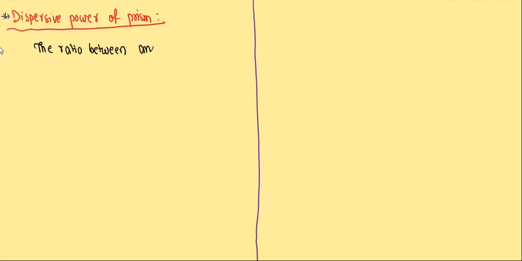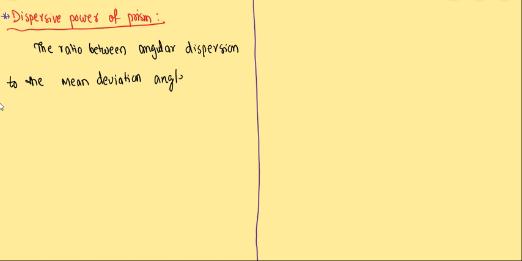It is the ratio between angular dispersion between any two colors to the mean deviation angle between any two colors, is called as dispersive power.